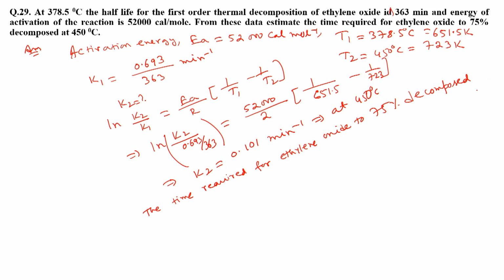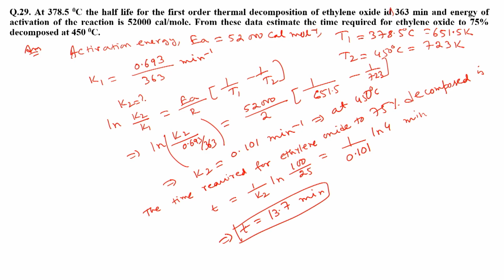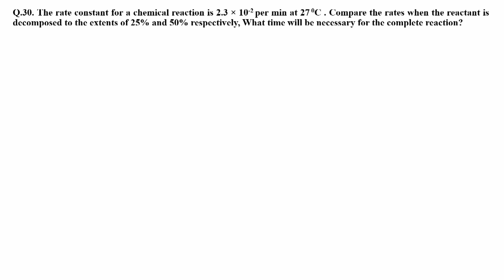For 75% decomposed, t is 1 by K2 ln 100 by 25. So, the value of K2 we just calculated is 0.101 and ln 4, this is in minutes. So, if we calculate this, we get t is 13.7 minutes. So, this is the time required for ethylene oxide to be 75% decomposed at 450 degrees Celsius.